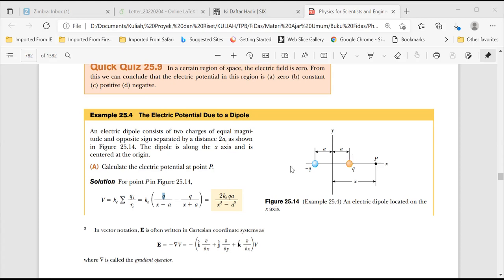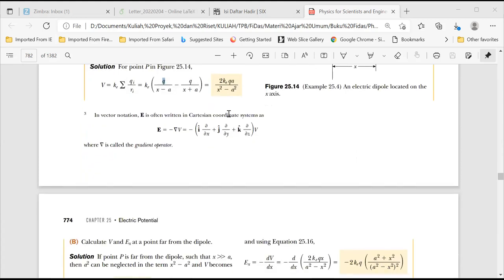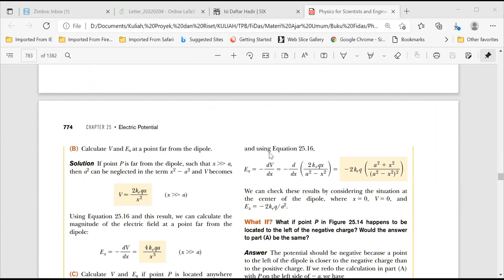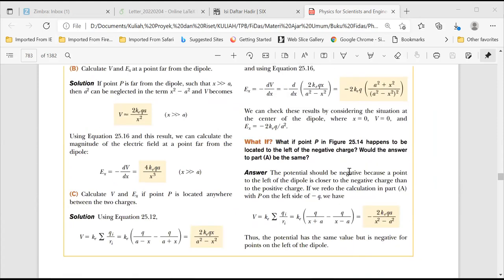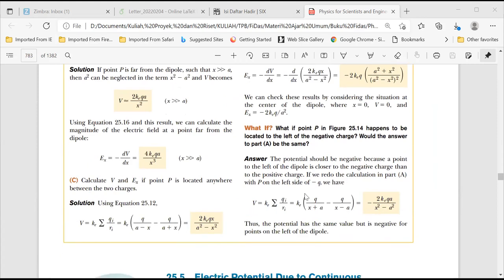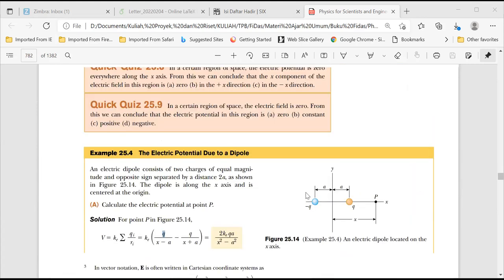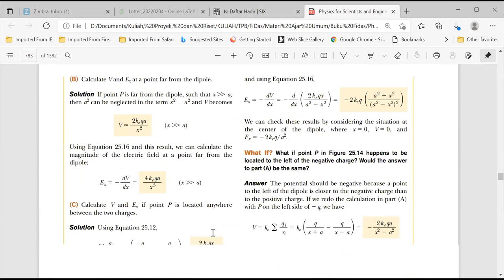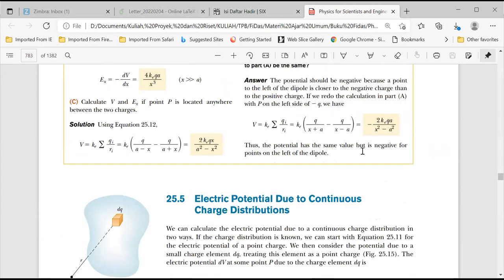If we move point P to the negative charge, we have a similar formula, but with a minus sign here. The formula is the same, the difference between them is only the minus sign. Okay, that's for the case of discrete charges.